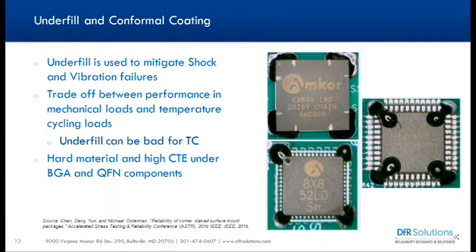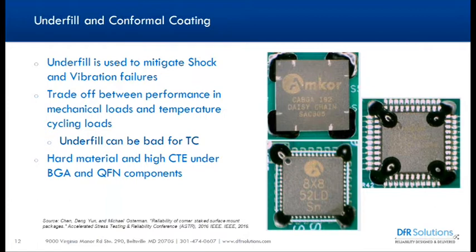So we use edge bonding, corner staking, and underfills in order to mitigate the problems due to shock and vibe. Again, just like the overconstrained board, if you're loading the solder joint in tension, compression, and shear, then you're basically asking for trouble. And this can be BGAs, QFNs, TSOPs, QFPs, whatever it is that you're doing.